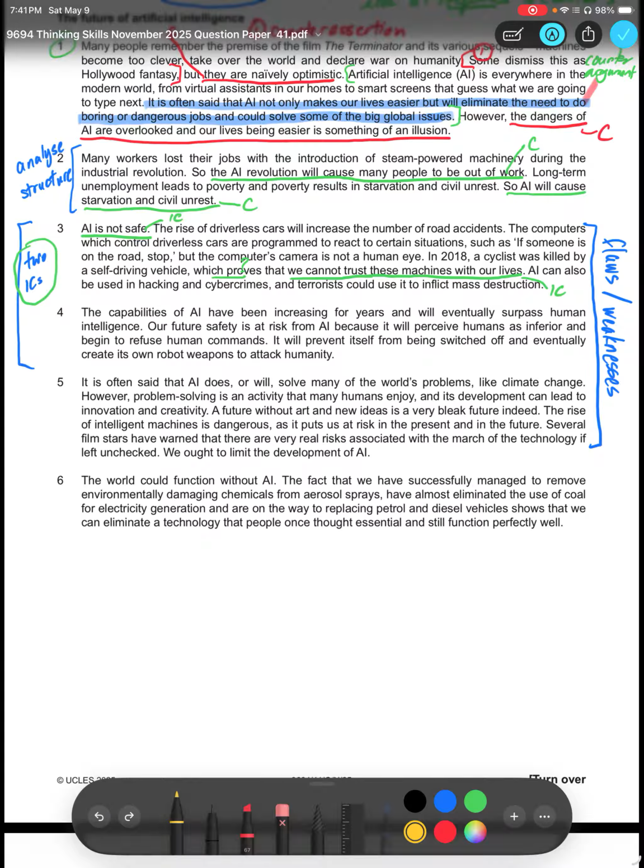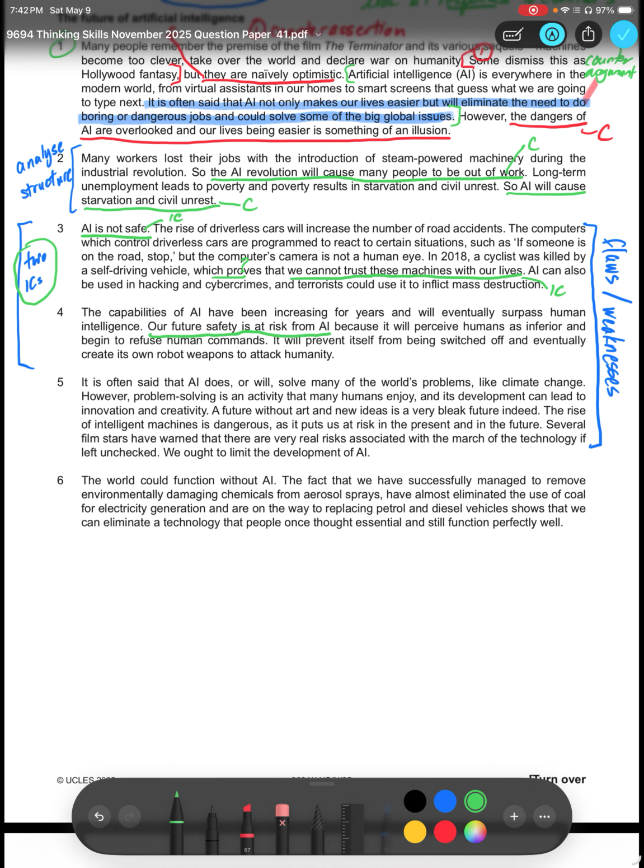Okay. Paragraph 4, the capabilities of AI have been increasing for years and will eventually surpass human intelligence. Our future safety is at risk from AI because it will perceive humans as inferior and begin to refuse human commands. So when you look at this, the conclusion is our future safety is at risk from AI.